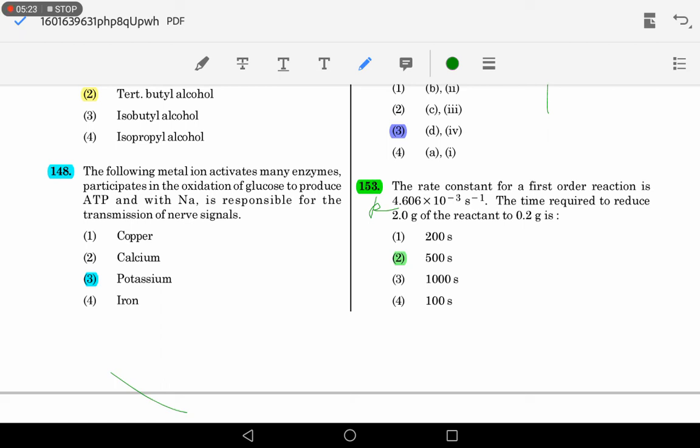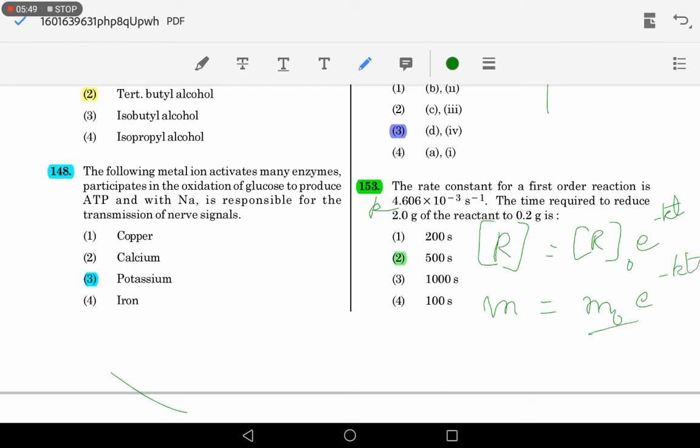You can apply mass in terms of concentration of reactant, because with the increase in mass the concentration increases. Or you can consider both as same, since in e power minus kt, even if you replace it with mass term, it's not going to be affected.